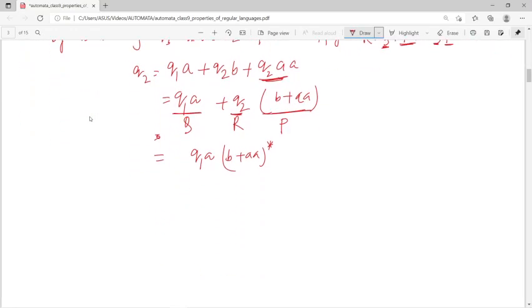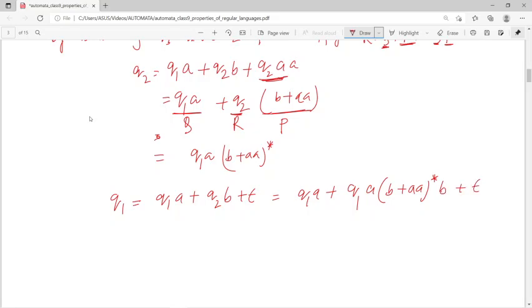Q1 is written as Q1a plus Q2b plus epsilon, so this is Q1a, and in place of Q2 we place this, that means Q1a plus Q1(b plus aa star)b, plus epsilon.